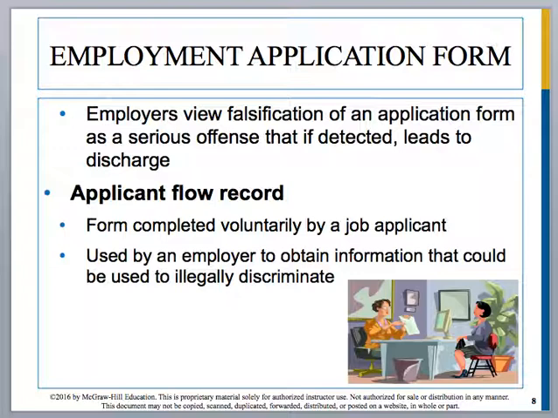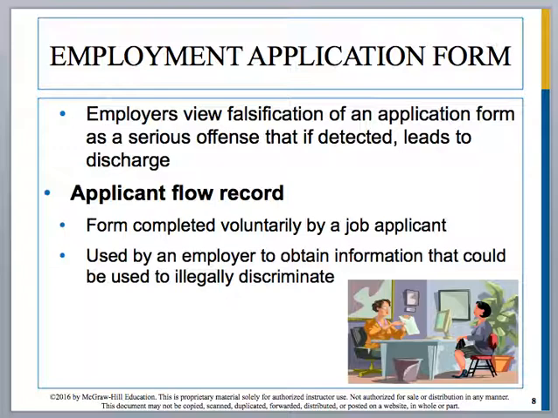Now, working in HR, you'll hear about an applicant flow record. And maybe in your organization, it may have a different terminology attached to it. But what it is, is a form that an applicant fills out voluntarily.